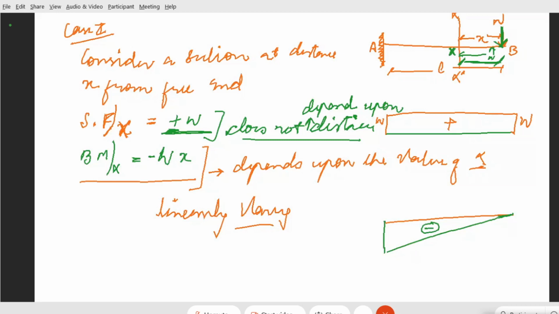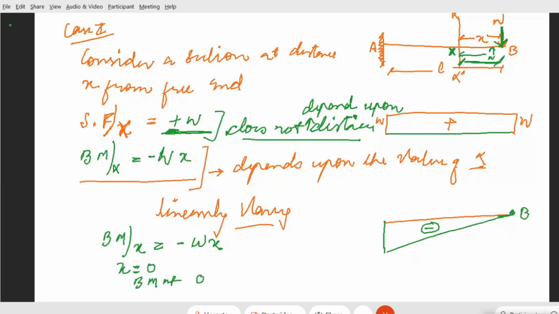Fine. Why have I drawn the bending moment this way? Because I have to calculate the bending moment at x, whose value is minus Wx. So when x is equal to 0, that means at point B, bending moment will be equal to 0.